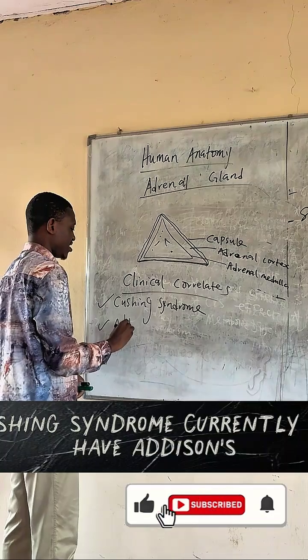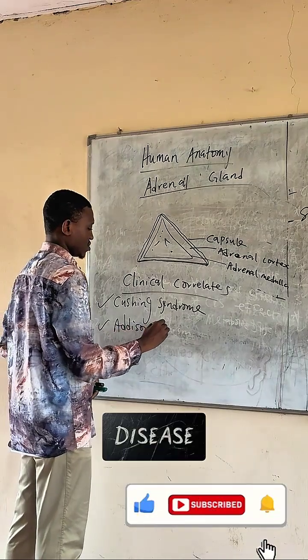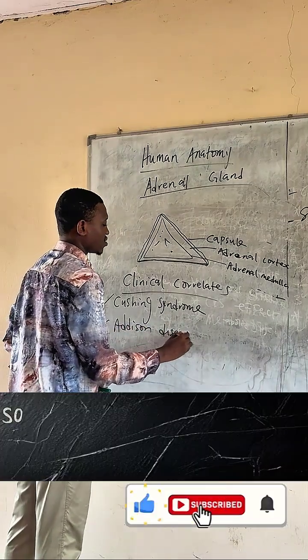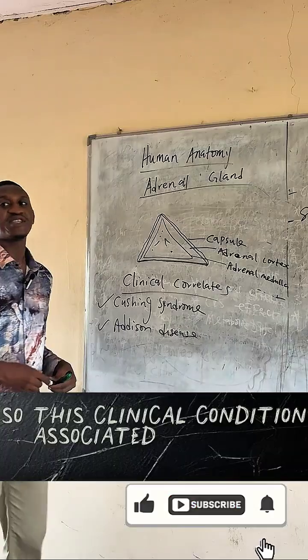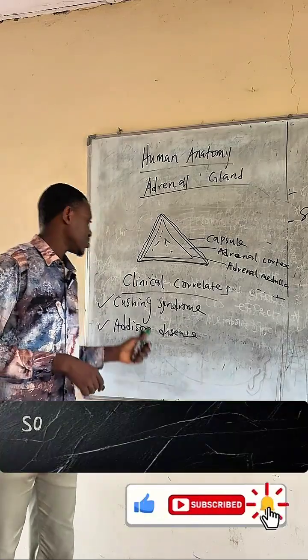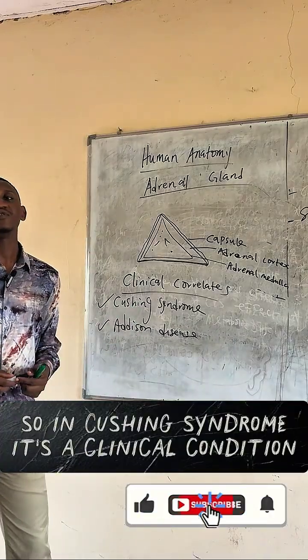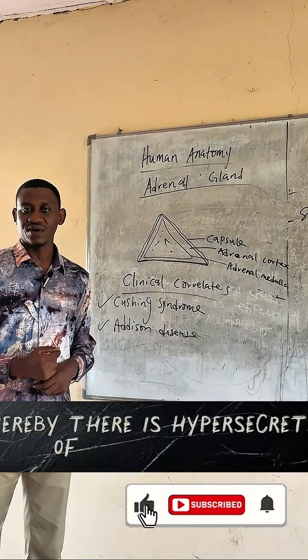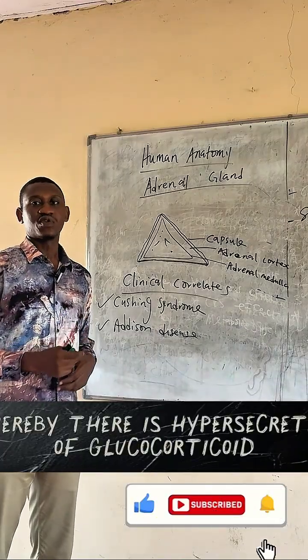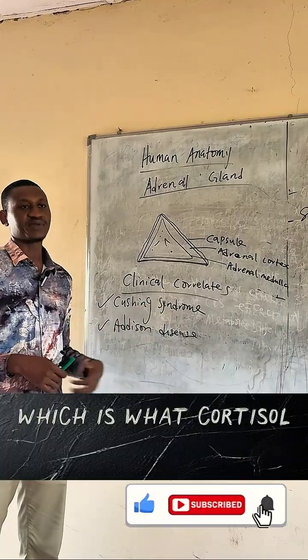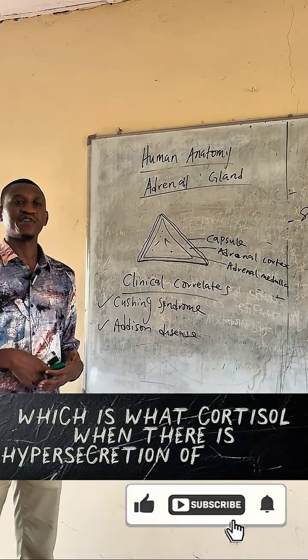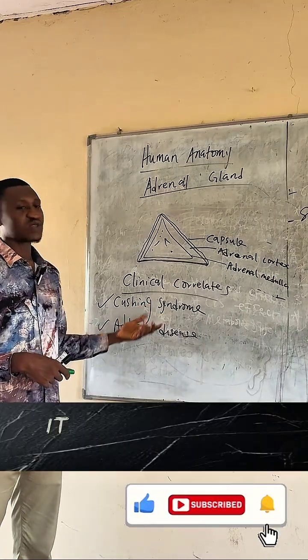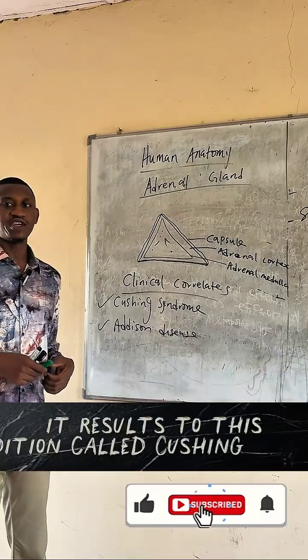Currently we have Addison disease. So these are clinical conditions associated with the adrenal gland. In Cushing syndrome, it's a clinical condition whereby there's hypersecretion of glucocorticoid, which is what? Cortisol. When there's hypersecretion of cortisol, it results in this condition called Cushing syndrome.